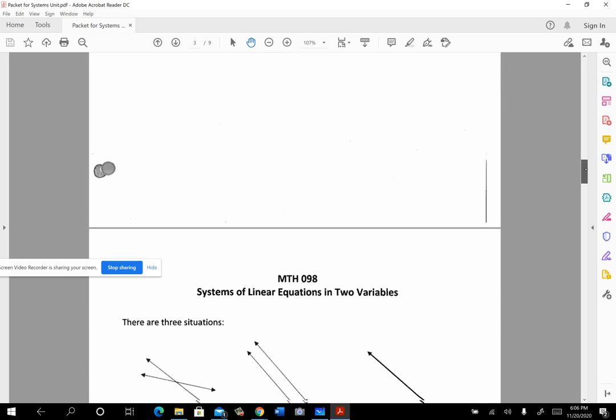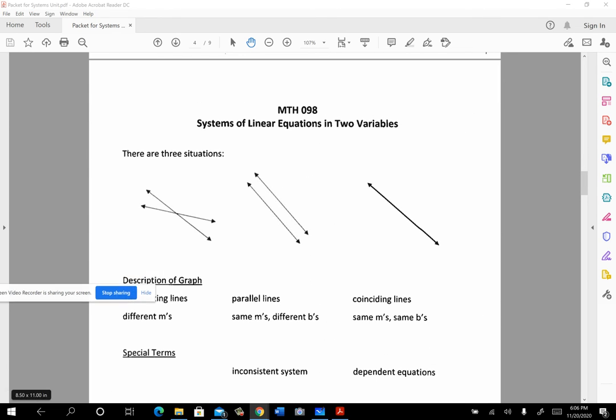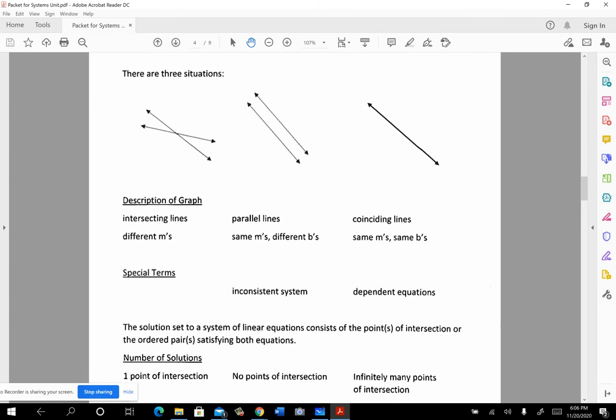Now I want to look at this page right here with you. Okay, so this is kind of like a summary of what could happen. So we just saw how I graphed the two lines a second ago and they turned out to intersect. Okay, so that would be a description of the graph. So the lines could intersect like that first case. Okay, let me see if I can move this up just a little bit.